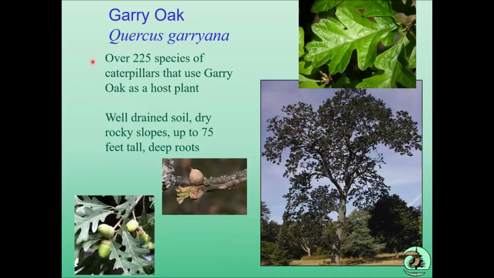And the thing to consider when considering plants is how many species of caterpillars or insects that it hosts. There's a really fantastic study done by Doug Tallamy, and he studied insect-plant interactions.